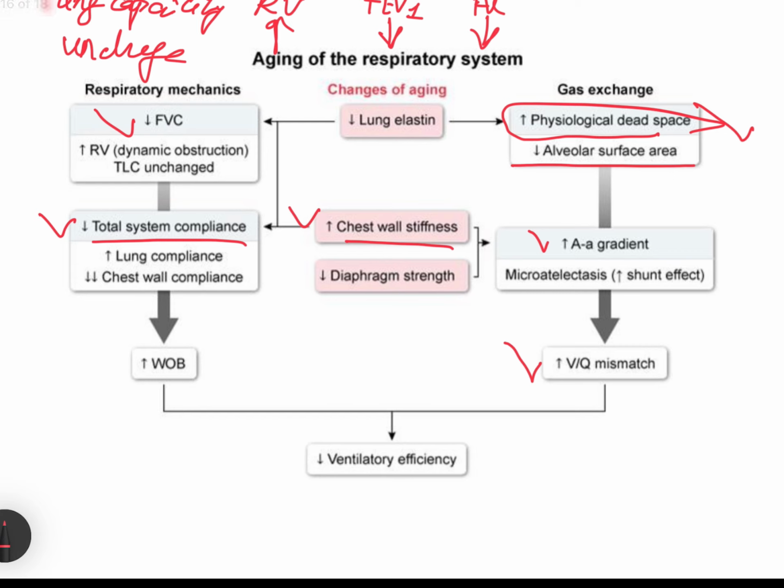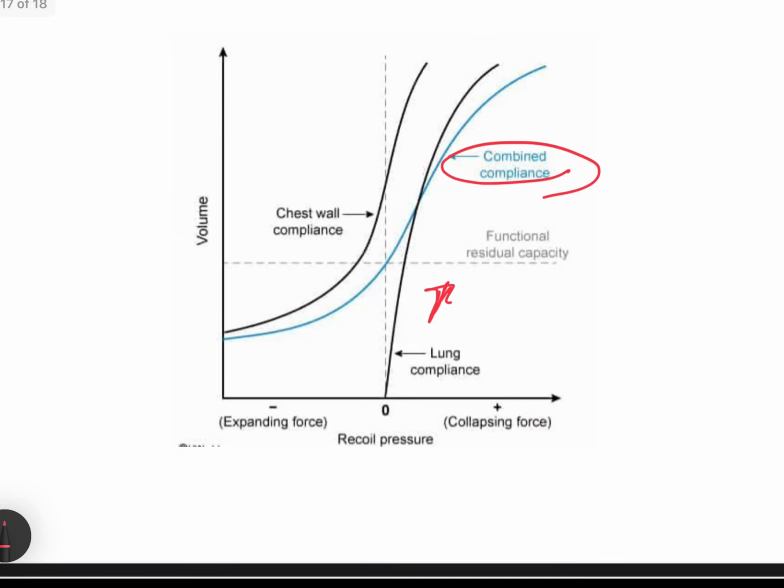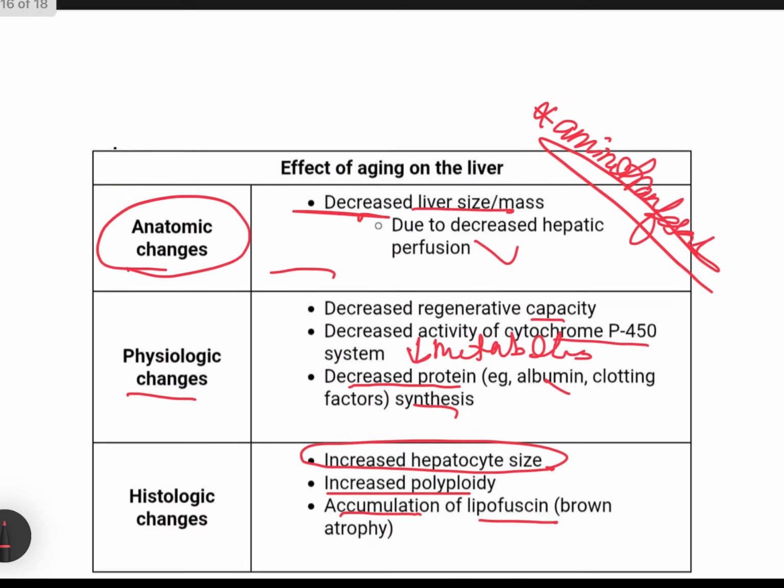The compliance of the lung is going to increase, but the chest wall stiffness is going to increase. Due to chest wall stiffness, the combined compliance is going to decrease, because it is a sum of chest wall compliance and lung compliance. Due to the chest wall, it is going to decrease, and it's all about aging.